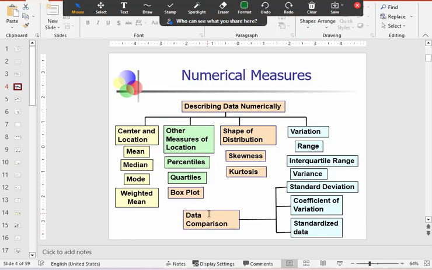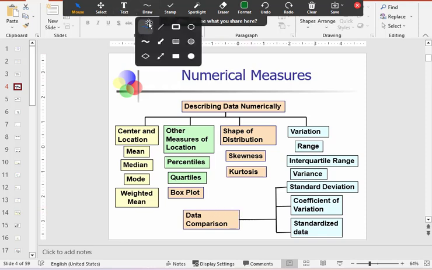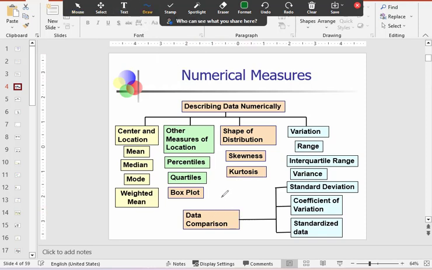We can make some new indicator that can be used for comparison with other data sets. So using these tools, we can make a new indicator that can be used as a comparative. For example, in our financial statements, rather than using the value of net profit, we use what we call ROA.